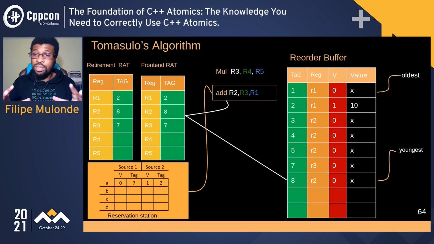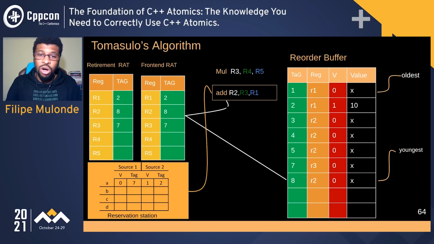We no longer get the operands of an instruction at the decode stage. We get the operands of an instruction in the reservation station of that instruction. When the instruction is at the reservation station, we go after the operands of that instruction in the front-end register alias table.